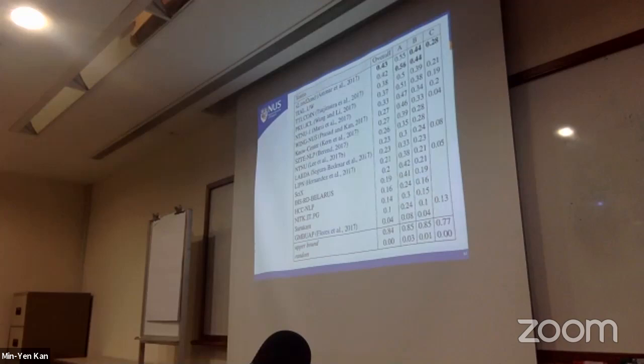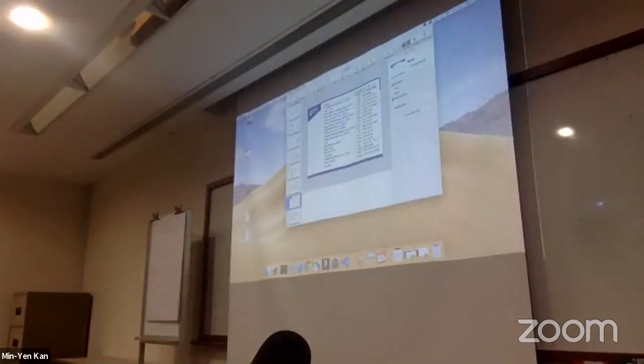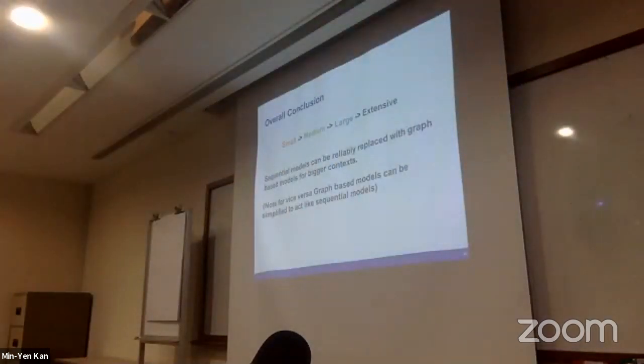In your very last conclusion, I'm not really sure, based on the evidence provided in the thesis that you have thoroughly examined. You mentioned that as you go towards larger contexts, graph-based model is better than sequence-based model.